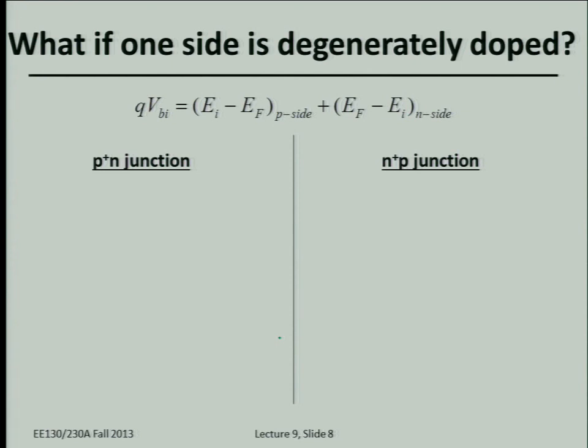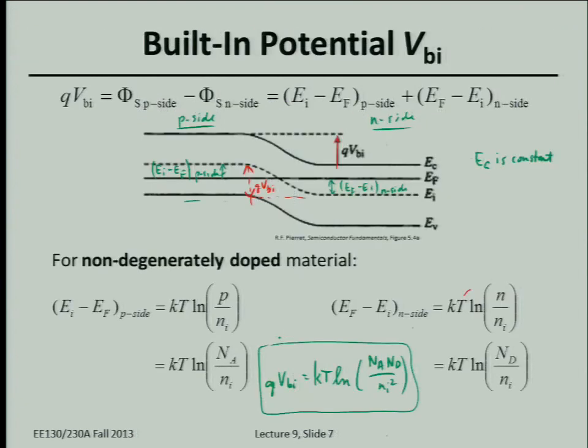But p-n junction, okay, so basically then, remember the equation on the previous slide, the way we derived this simple equation that's easy to remember, but it only holds if both sides are not degenerately doped. If one side is degenerately doped, okay, it's rare to have both sides degenerately doped, so don't worry about that.